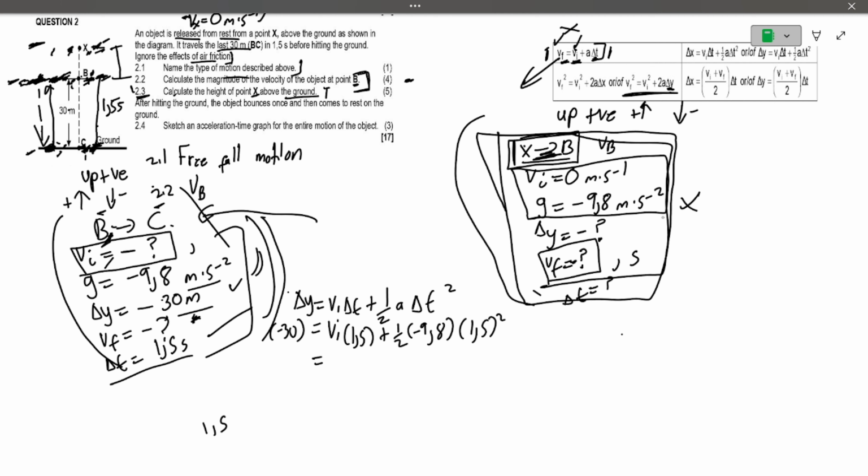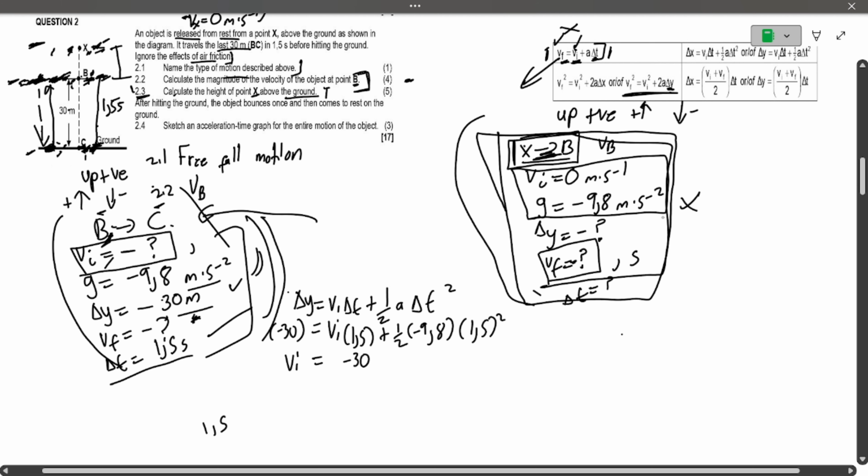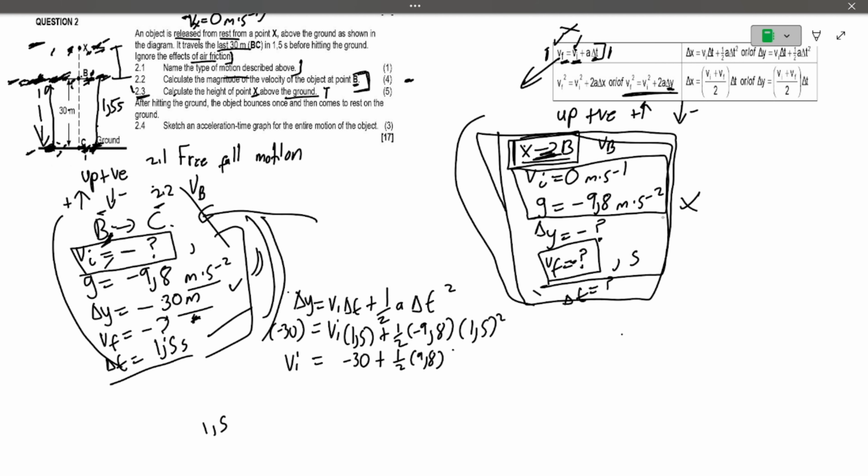It's just mathematics, so it's going to be -30 plus half times 9.8 times 1.5 squared, over 1.5. You can work it out on your own.